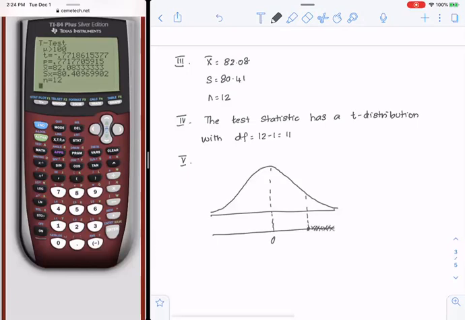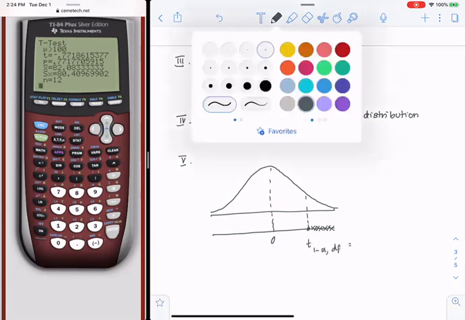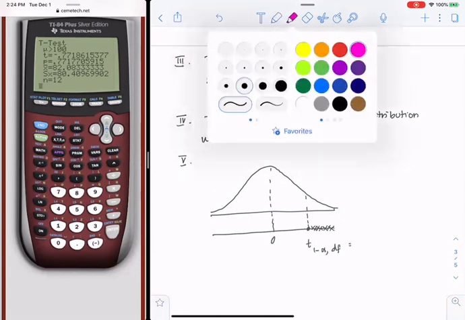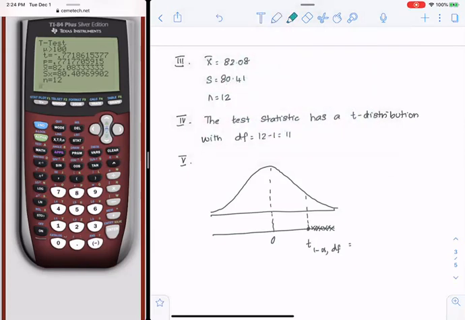So the rejection region is on the right-hand side. The notation here is simply T1 minus alpha, comma, the degrees of freedom. Why is it alpha and not alpha over 2? It is because we have a right-tailed test.